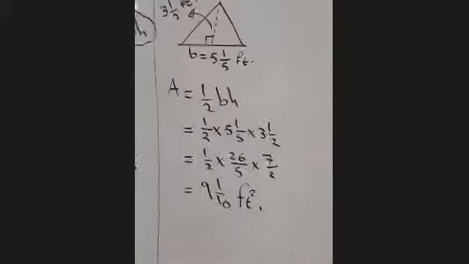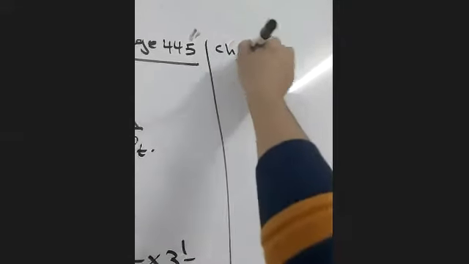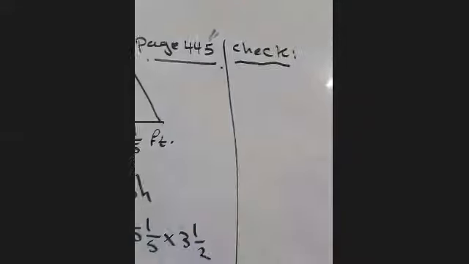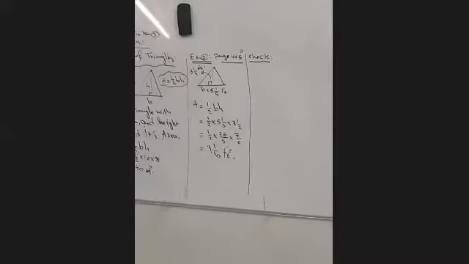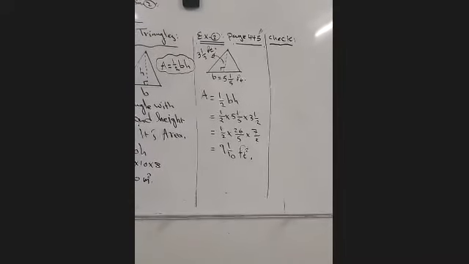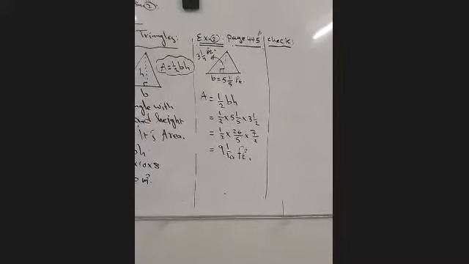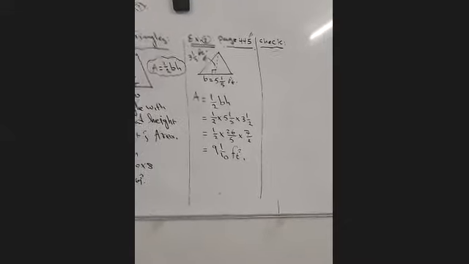Now let's do the check after example 2. We have a check question. Let's do it together. Abdul Hamid, read. A floor is tiled with triangular tiles as shown.